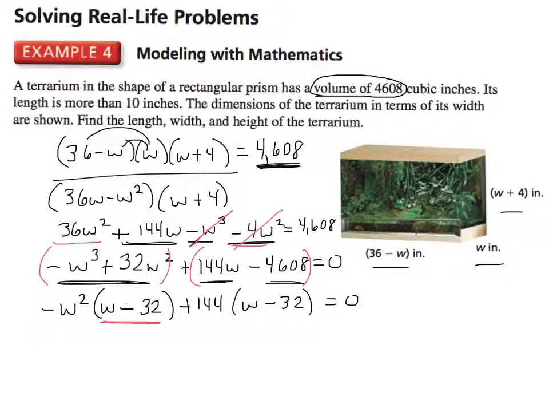Now I put them together: negative W squared plus 144, and W minus 32 equals 0. But we have more to go, so I'm actually going to redraw this on the next slide.